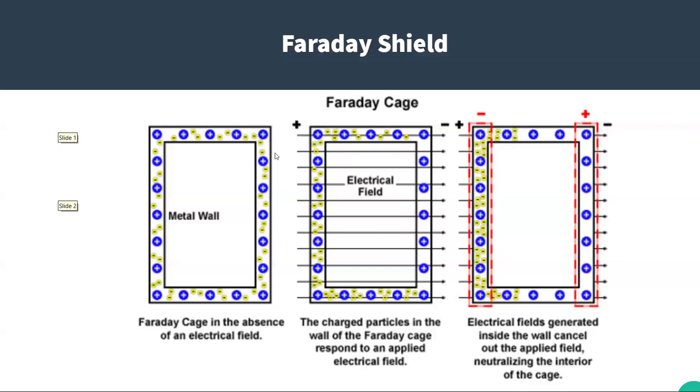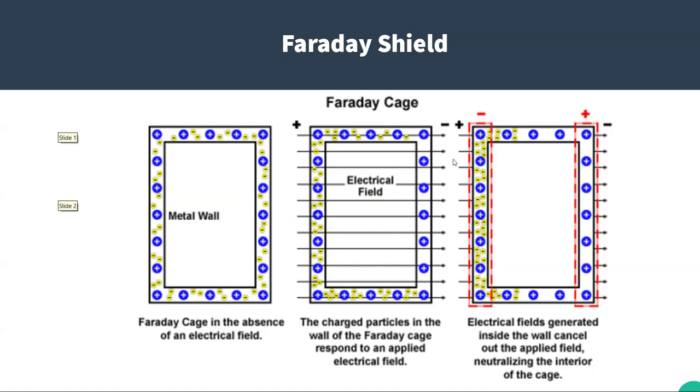So if you have a conductive enclosure, a metal wall, and you apply an electric field, it forces the free electrons over to this side, to the left.